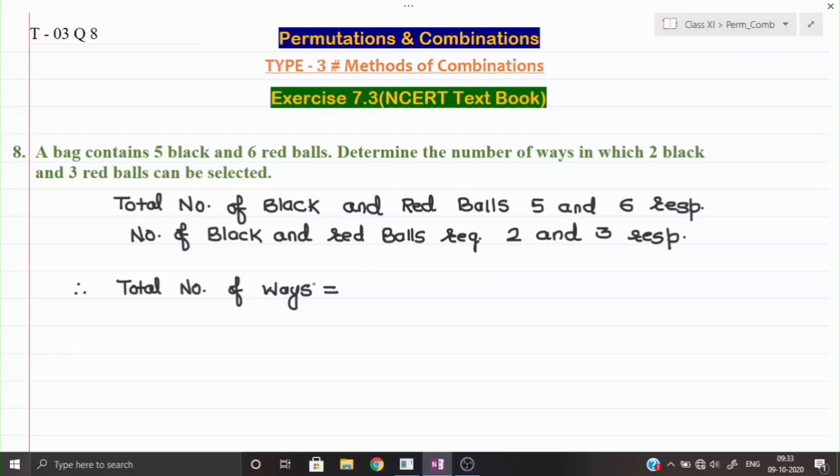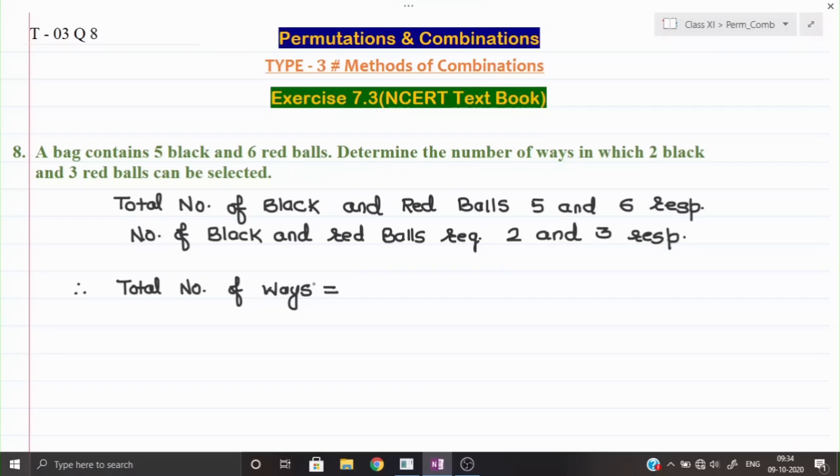I have told you earlier, do not be confused about where to add and where to multiply. Multiplication is done between parts of one particular question. When we are performing the given conditions in different ways, addition will come. I will clear this up more when we get questions of such kind.